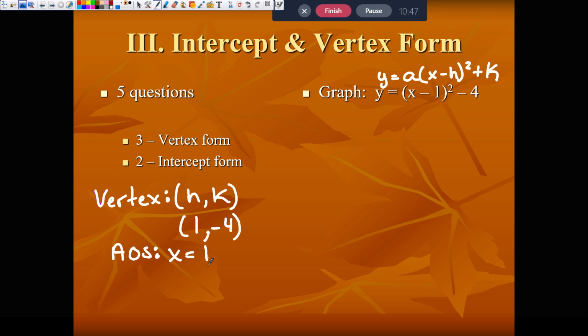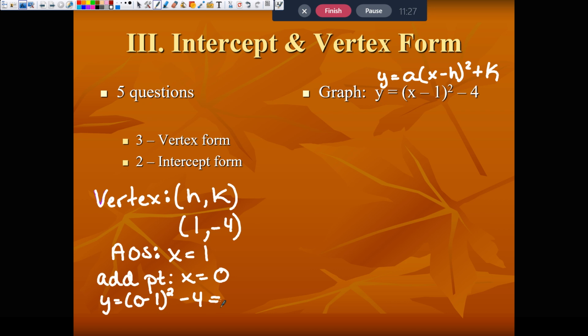Now I need to find an additional point. I'm going to want to find something that's near 1, so I can do 2 or 0. 0 is usually easier to do. So when x equals 0, we're going to substitute 0 into our equation. So y equals 0 minus 1 squared minus 4.